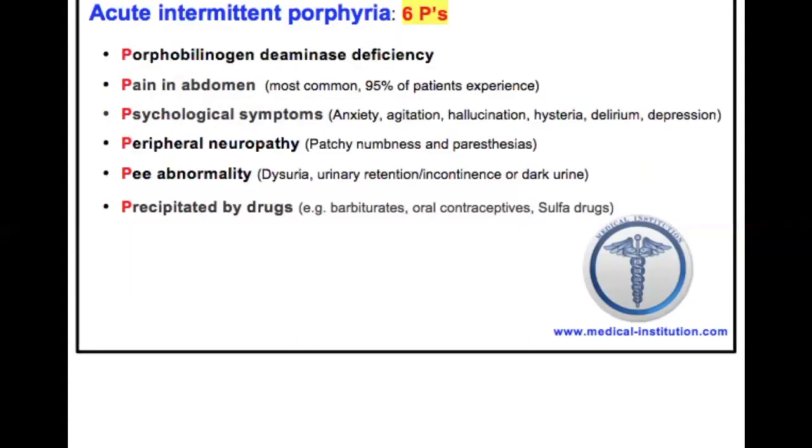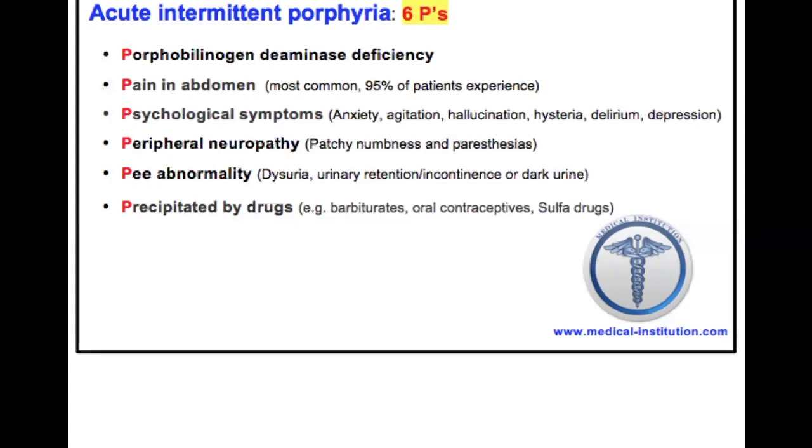Now, clinical. I got this from medicalinstitution.com. Most reviewers will only say 5 P's, but take note, there's actually 6. So first, porphobilinogen deaminase deficiency. The next P is pain, pain in the abdomen.